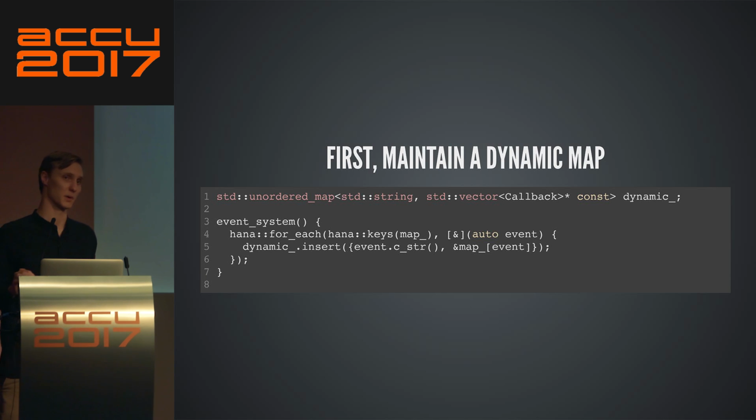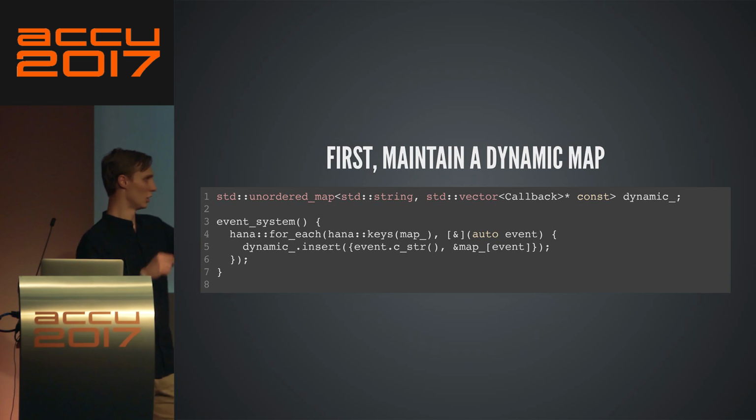So what I'm going to do is maintain a dynamic map. I'm going to need a dynamic map because I'm going to do some runtime lookup. Notice here that my dynamic map is going to contain a pointer to the callbacks. My dynamic map is going to map each event to the set of callbacks in my compile time map, which is still around, okay? And then I'm just going to do that linking when I create my event system.